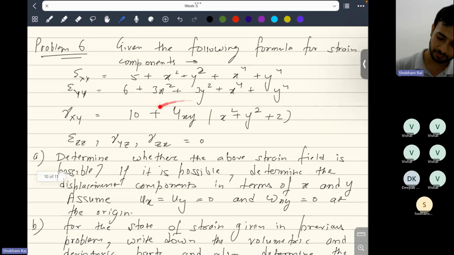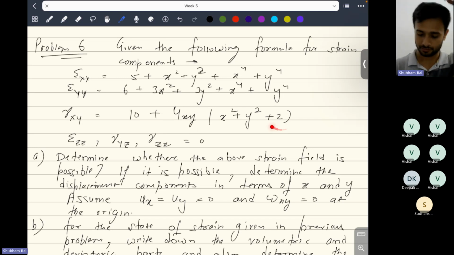If you differentiate with respect to x, you will get 4y, and then here you will get 2x plus 2, and if you differentiate with respect to y, you will get 4 times, so 2 will not be there.